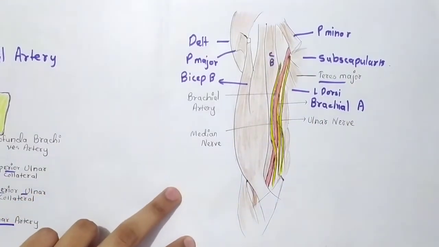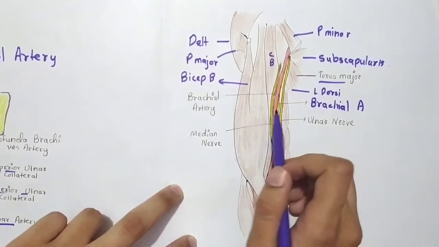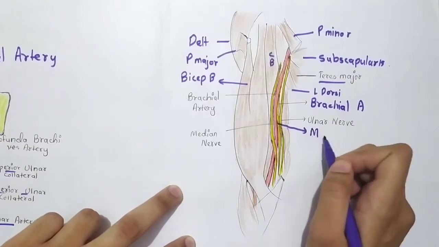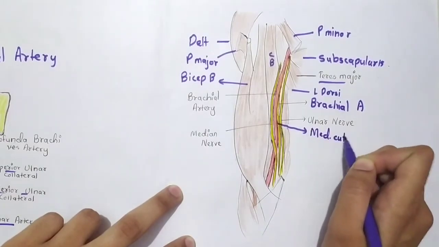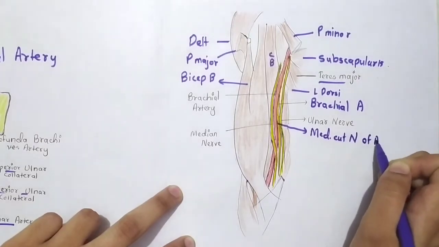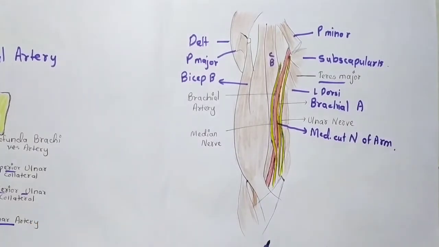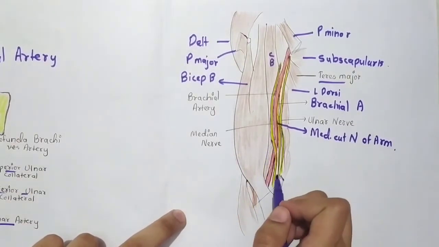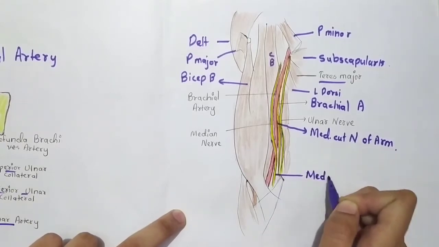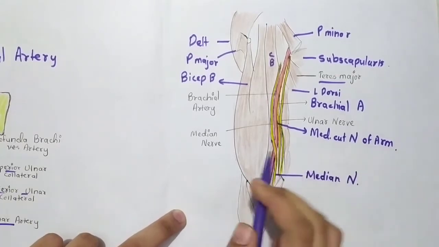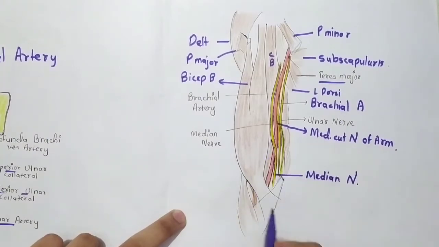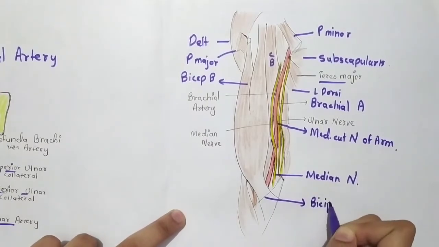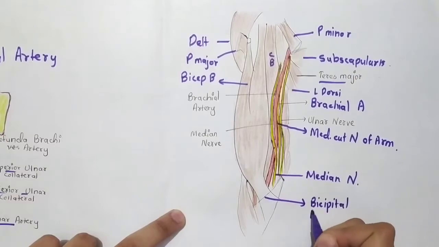For the anterior relation, in the upper part there is a nerve named the medial cutaneous nerve of the arm. In the middle part you can see the median nerve. In the lower part there is the bicipital aponeurosis.